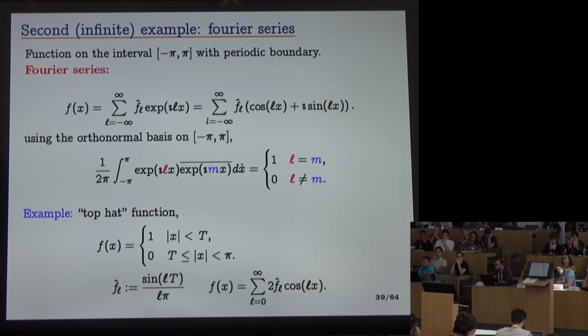Cosine is symmetric, so all of the cosines double up, and I get 2 times f times cosine Lx. So this is the top hat function, expressed as a sum of these basis functions, cosine plus i sine, in this case just cosine, times the coefficients f hat L, my Fourier coefficients.